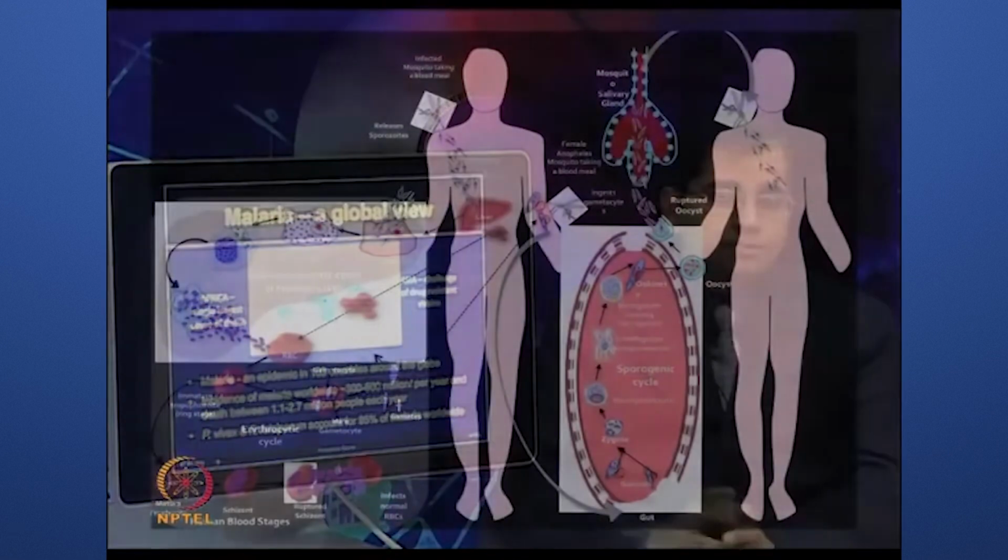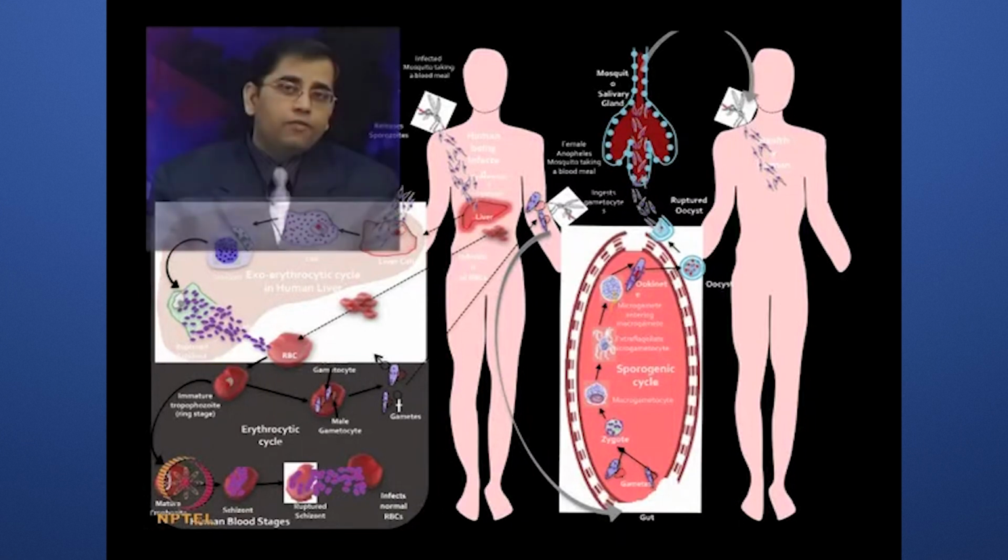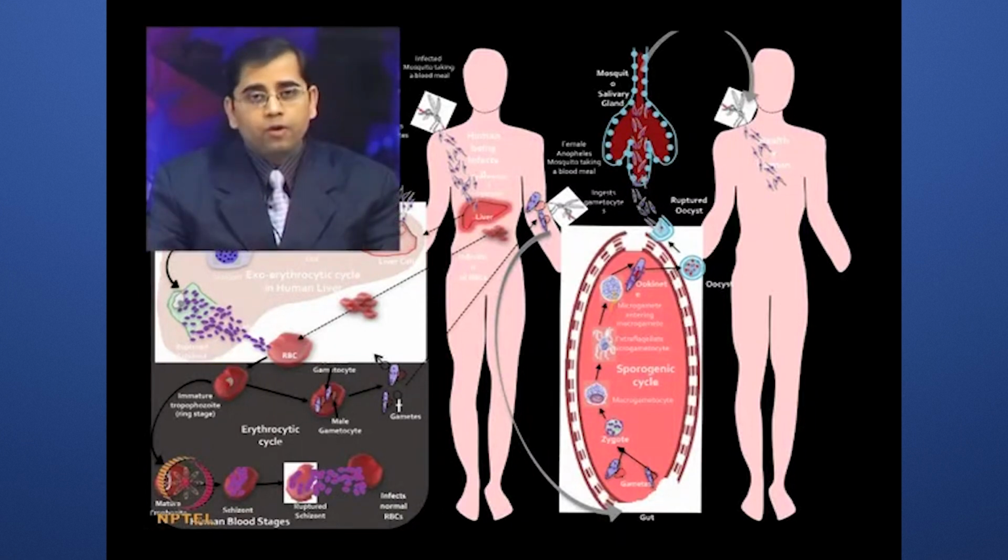Among the various species of malaria, Plasmodium vivax and Plasmodium falciparum are accountable for over 90% of malarial cases worldwide. The estimated annual number of clinical cases of vivax malaria ranges from 70 to 390 million, and that is actually outside of the African continent.